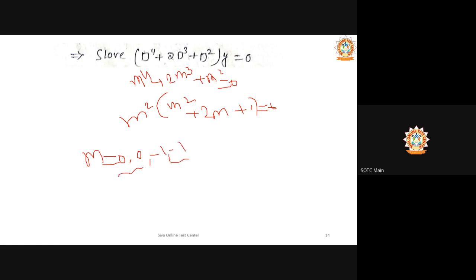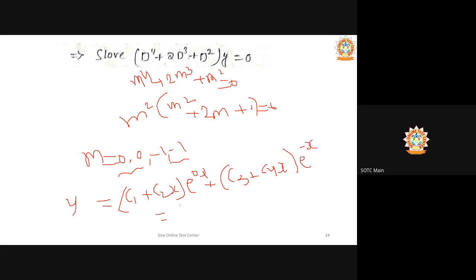So your general solution is y is equal to c1 plus c2x into e power 0x plus c3 plus c4x into e power minus x. E power 0x will become 1. So you can write c1 plus c2x plus c3 plus c4x into e power minus x.